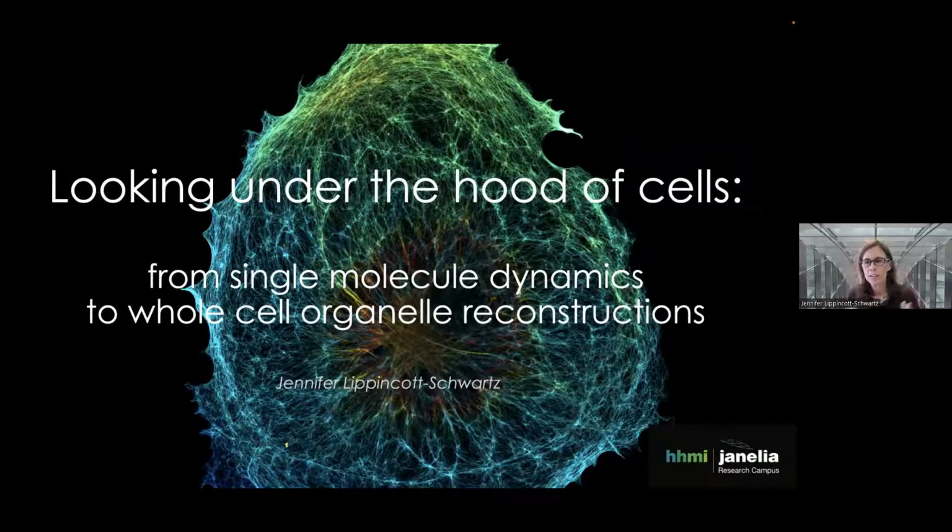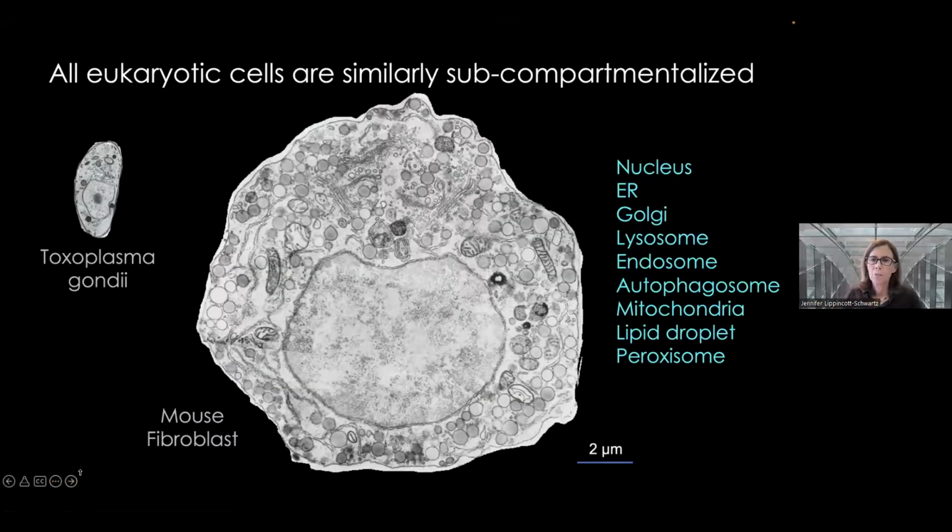So yeah, we're very excited in my lab about using different tools to investigate what's under the hood of cells, if you will, basically how cells are organized. And I'm talking about eukaryotic cells, which make up a large swath of life on Earth.